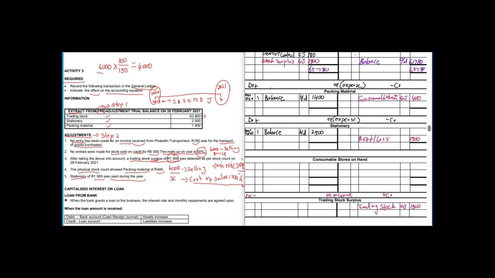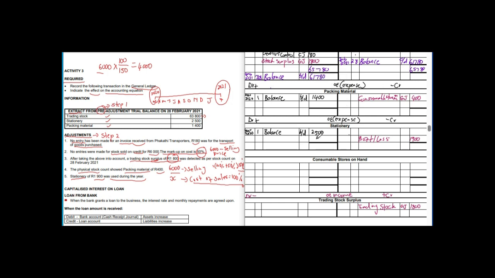Out of all the trading stock that we have in the business, we only sold trading stock worth only 4,000, and at the end of the financial year we find out that we still have more trading stock. So we are going to write balance brought down of 61,780 at the end of our financial year, which is the 28th of February 2021, balance brought down of 61,780.